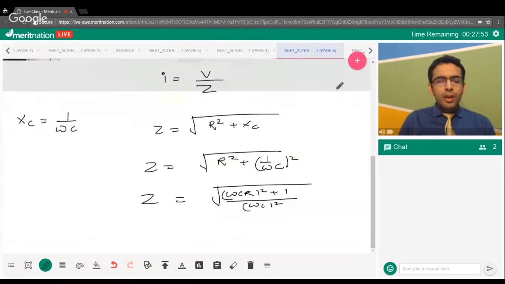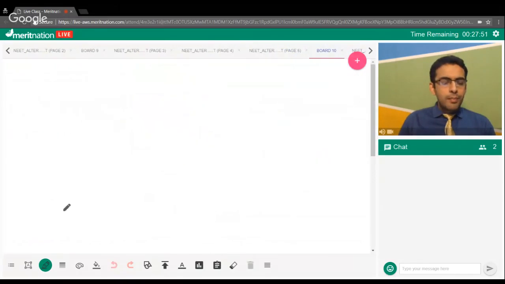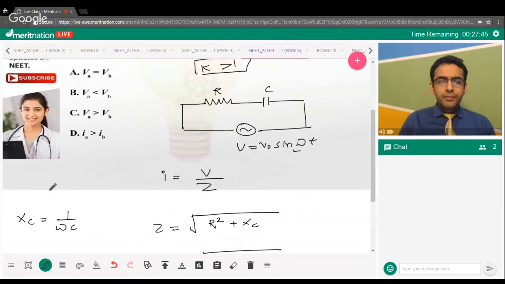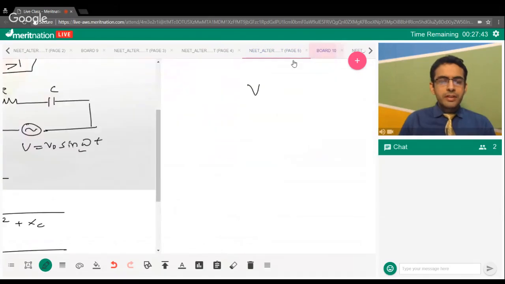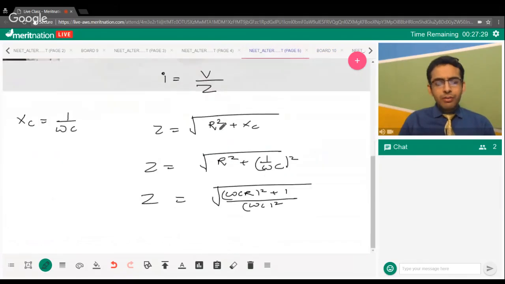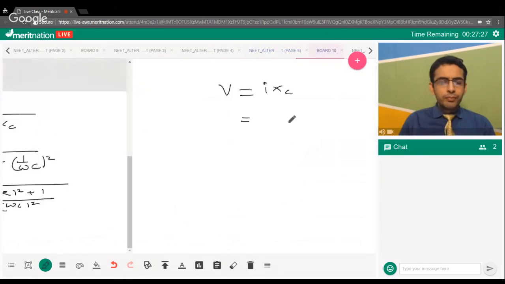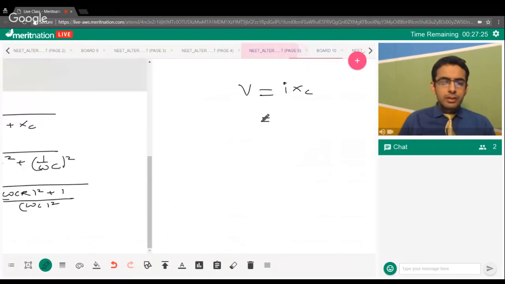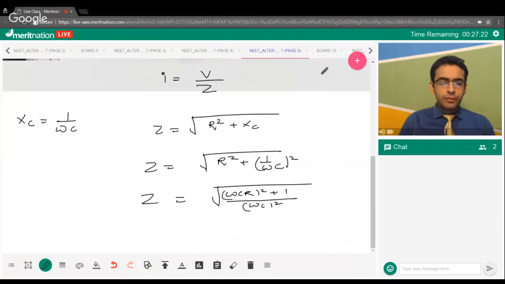Now if you find the voltage across the capacitor, see, the voltage across capacitor is given by I times XC, where XC is the capacitive reactance, that is 1 by omega C. And we have found the value of I, which is V by Z, where Z is the impedance.